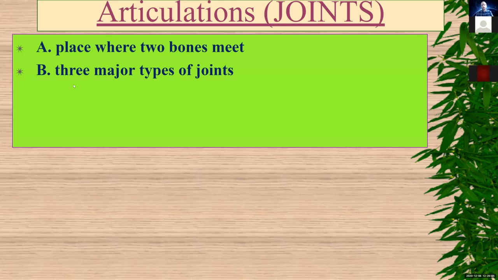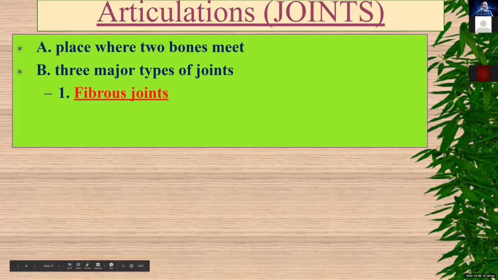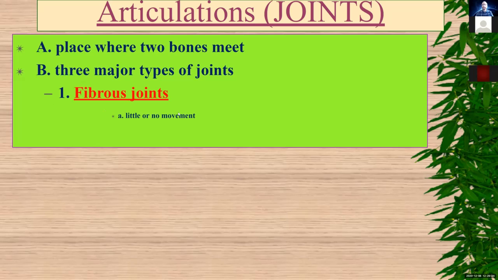And there's 3 major types of articulations or joints. The first type is known as a fibrous joint. In a fibrous joint, we have little or no movement between the 2 bones.